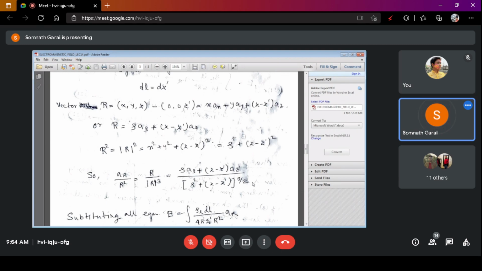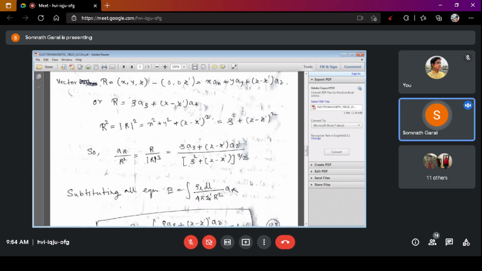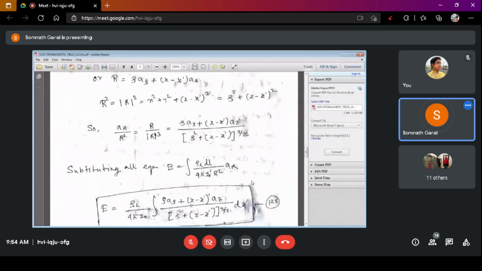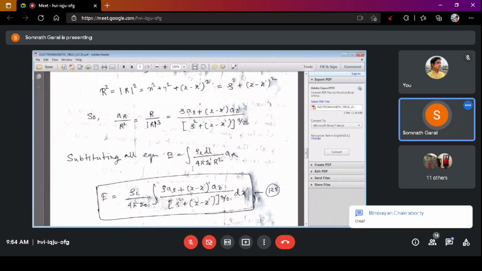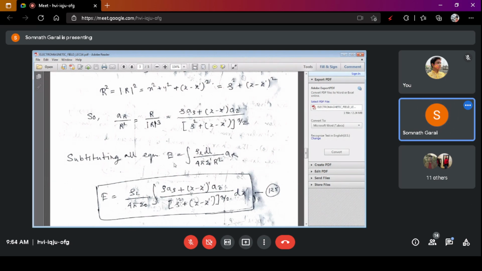Now we are substituting. We know that the electric field intensity of the line charge, capital E, is equal to the integration of rho L dl by 4 pi epsilon naught R squared into aR. So we have to replace aR by R squared with this equation.